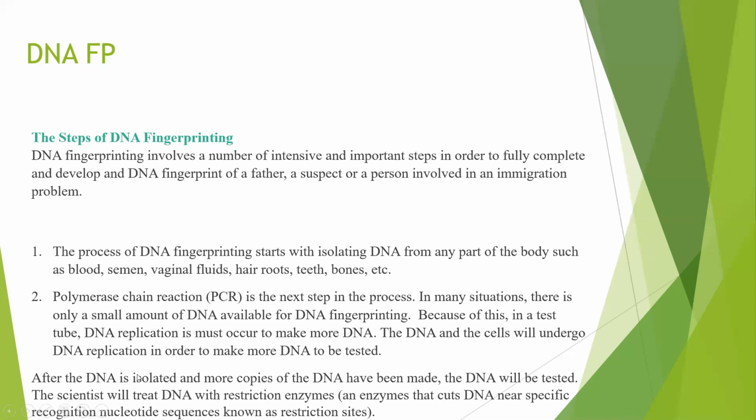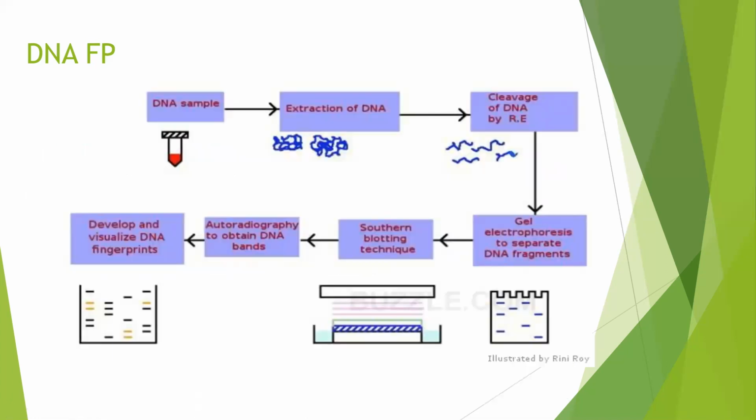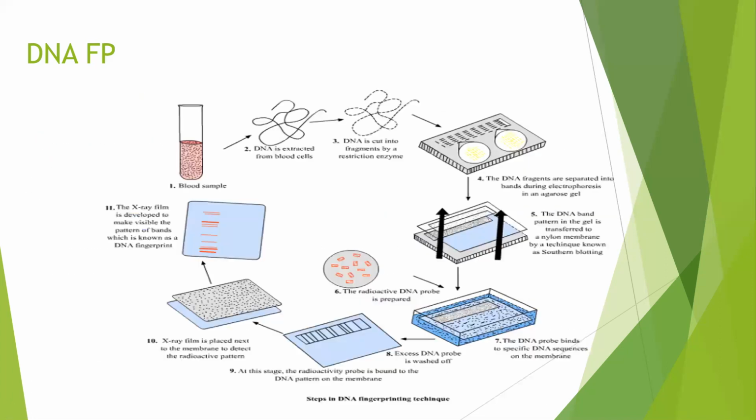After the DNA is isolated and more copies of the DNA have been made, the DNA will be tested. The scientists will treat the DNA with restriction enzymes. The enzymes cut the DNA near specific recognition nucleotide sequences. Look here. Next step, DNA is cut into fragments by restriction enzyme.